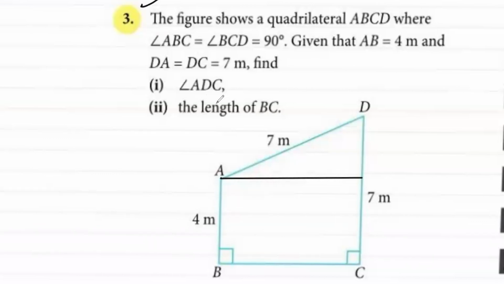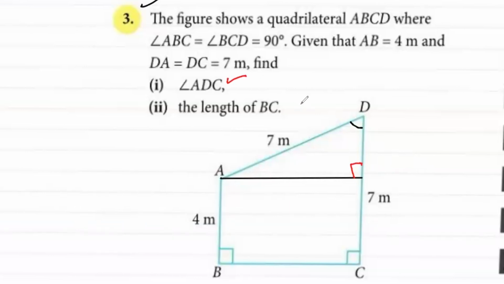Actually, in the part A, angle ADC was required. Now you can see that after drawing this line, I got one right angled triangle on the top.